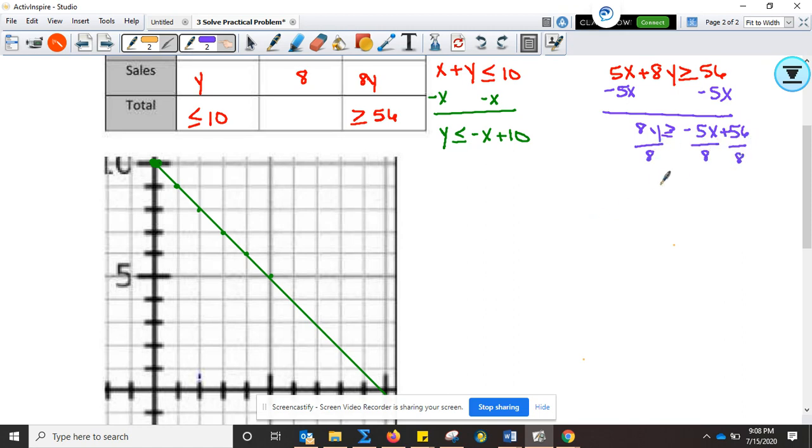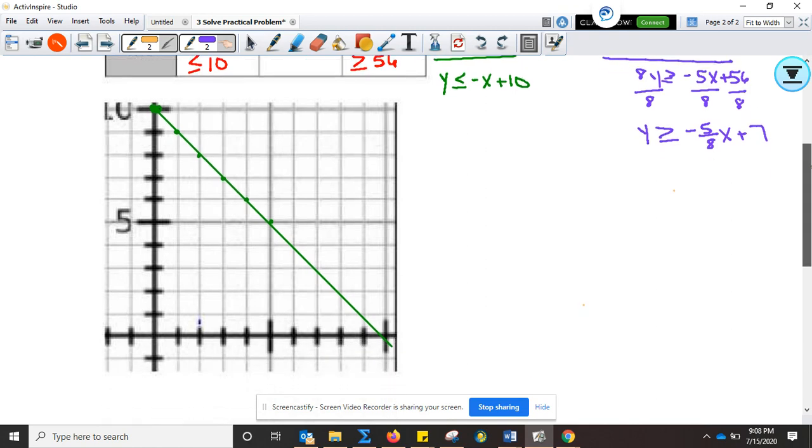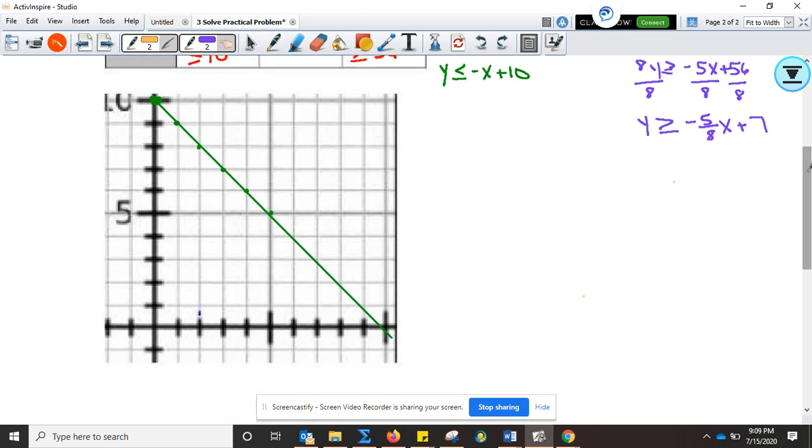And I have Y is greater than or equal to negative 5/8 X plus 7. Okay, so my first equation was less than or equal to, so we're going to be graphing underneath that first line. I did not note that, so let's note that really quick. It's less than or equal to. So I'm going to draw my little arrows.